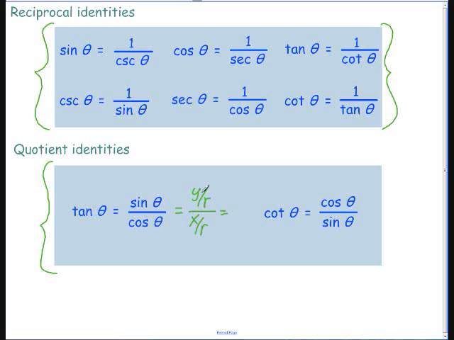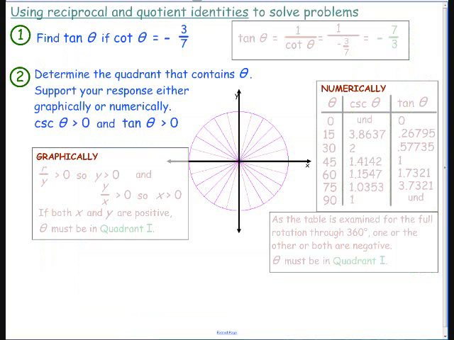And when we simplify this, it's Y over X, which of course is the definition of the tangent ratio. So those are the quotient identities. 2 of those. Okay, so we have 6 of these 2, and we've got another one coming up we'll talk about in a few minutes, the Pythagorean.